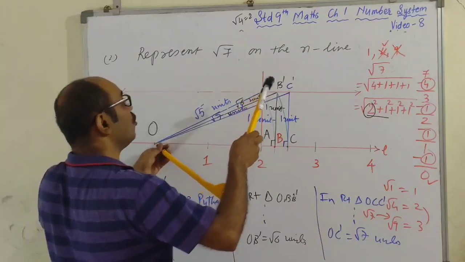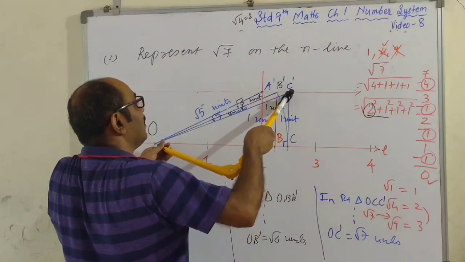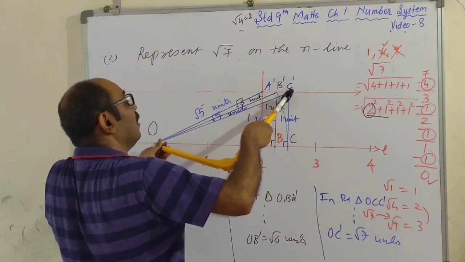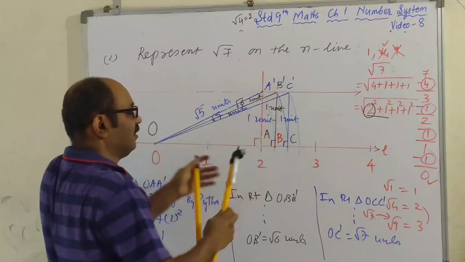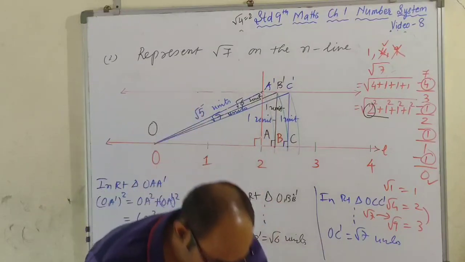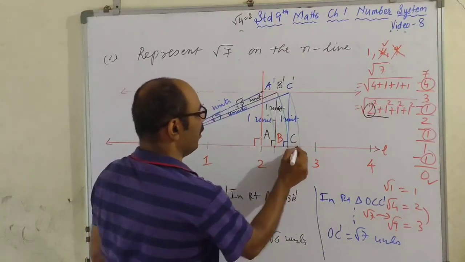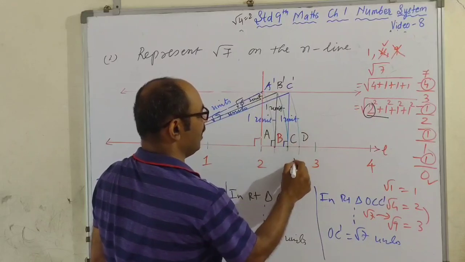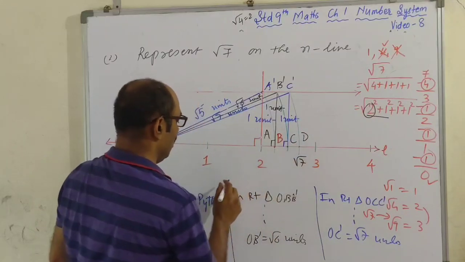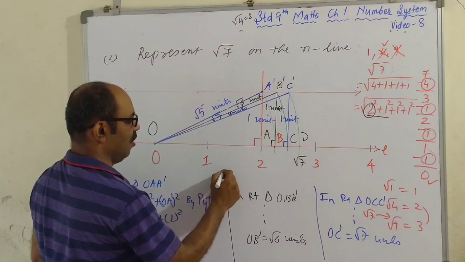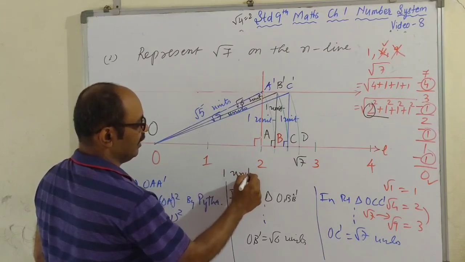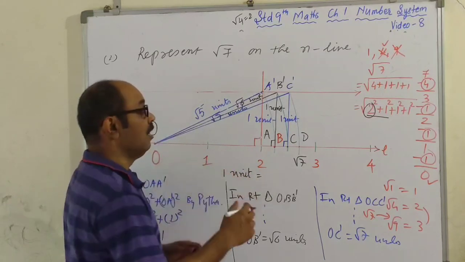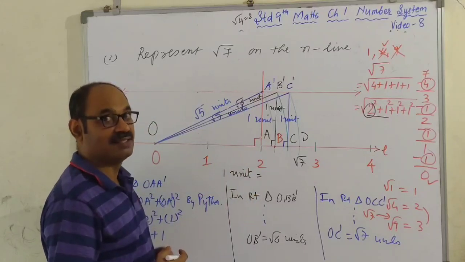So take OC dash as the radius and project it on the number line. The new point you got is D, and that is root 7. Here, don't forget to write the scale. 1 unit is equal to, as I said, you take 2, here you can take 3 centimeter as well.